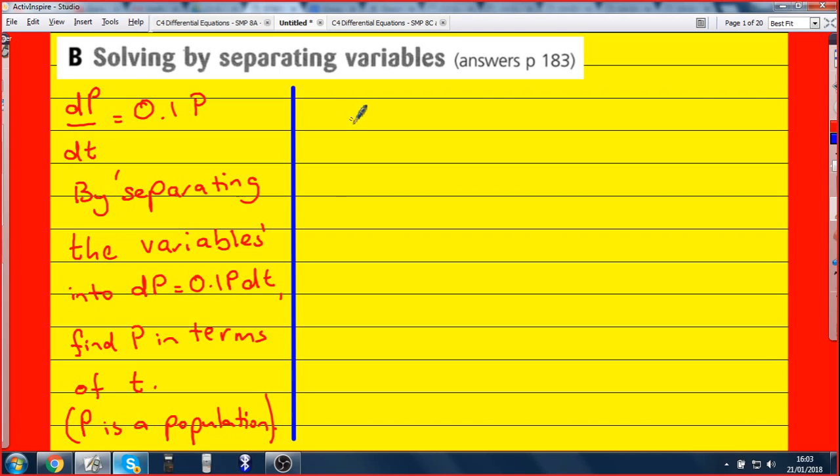So what you could do is, well, what would dp be equal to? dt. So go on, what was your next thinking, bringing over the 0.1, was it?